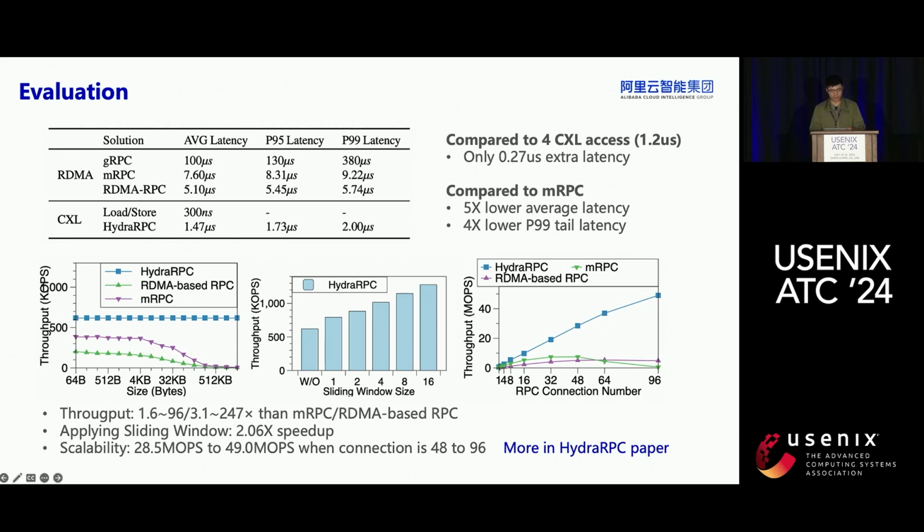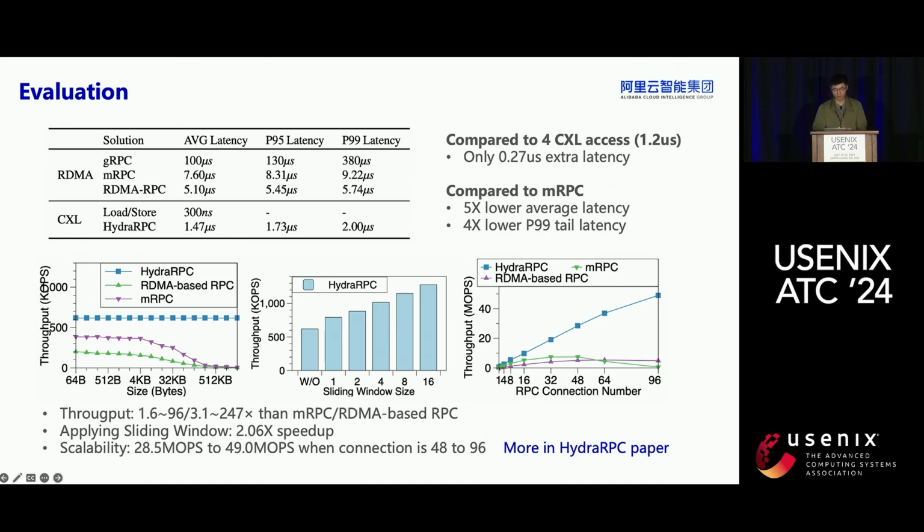Finally, is our evaluation. The upper table shows the latency comparisons between HydraRPC and our 4 baselines. HydraRPC achieves an average latency of 1.47 milliseconds compared to 4 times CXL access. MRPC has little actual latency. Compared with MRPC, HydraRPC speeds up the average latency by 5 times and the 99% tail latency by 4 times.